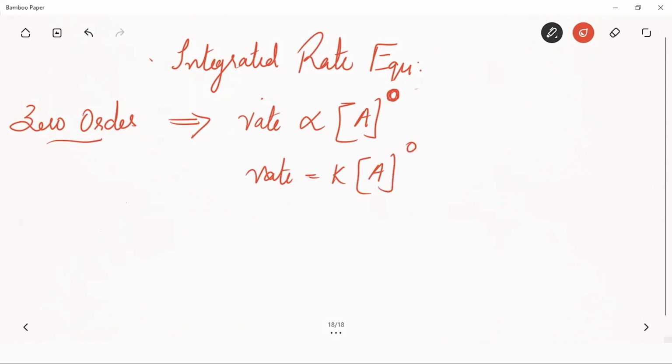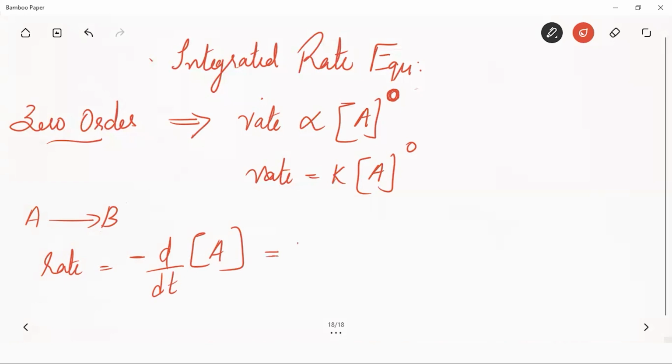And let us consider the reaction A giving B. How will you write the rate of this reaction? Rate is equal to minus, in terms of concentration of reactant, minus d[A]/dt, and that is equal to k[A]^0. This is the rate formula we know, and this is equal to this.